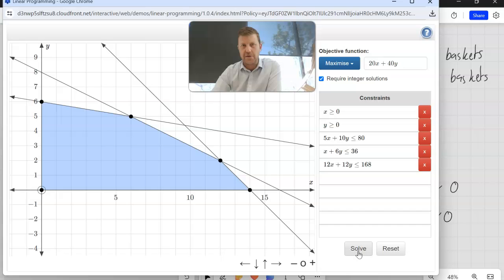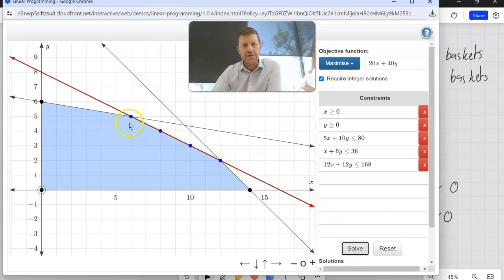So I'm actually just going to press here. This function actually allows us to solve it. It will do it for us. So I hit solve. You can actually see there are, in fact, 4 coordinates that overlay with the objective function. So there are 4 solutions to this problem.